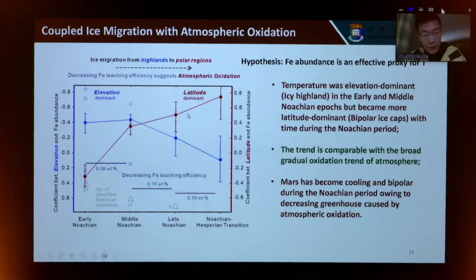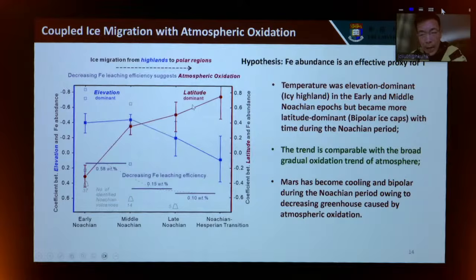So, if iron abundance is an effective proxy for temperature, from this figure we can see temperature was elevation dominant in early and middle epochs, but became more latitude dominant to form the bipolar ice caps with time during the Noachian period.